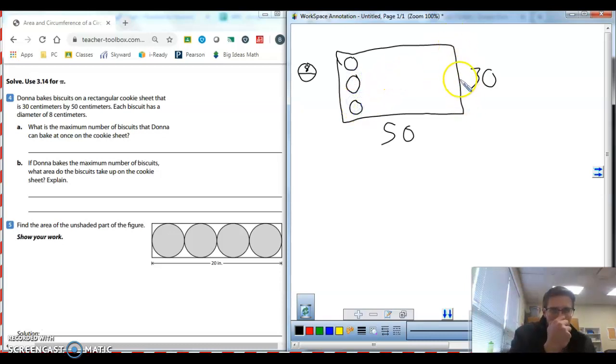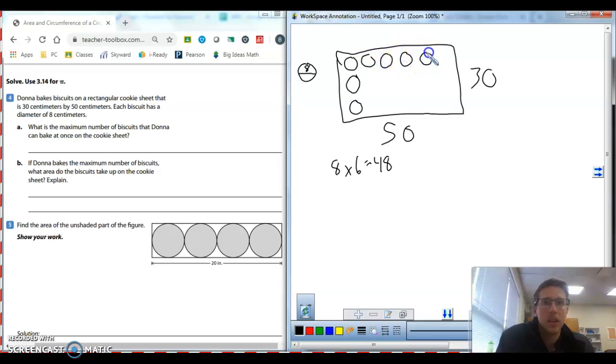If there's 30 total, this would make 8, 16, 24, right? Another 8 would put you too much. You couldn't fit a fourth biscuit on that side of 30. Now you gotta go sideways, 50. If each one's 8, how many 8s go into 50? Well, 8 times 6 is 48. Okay, you can't fit another one on there, so it's 6 across, right? So it's 1, 2, 3, 4, 5, 6 across.